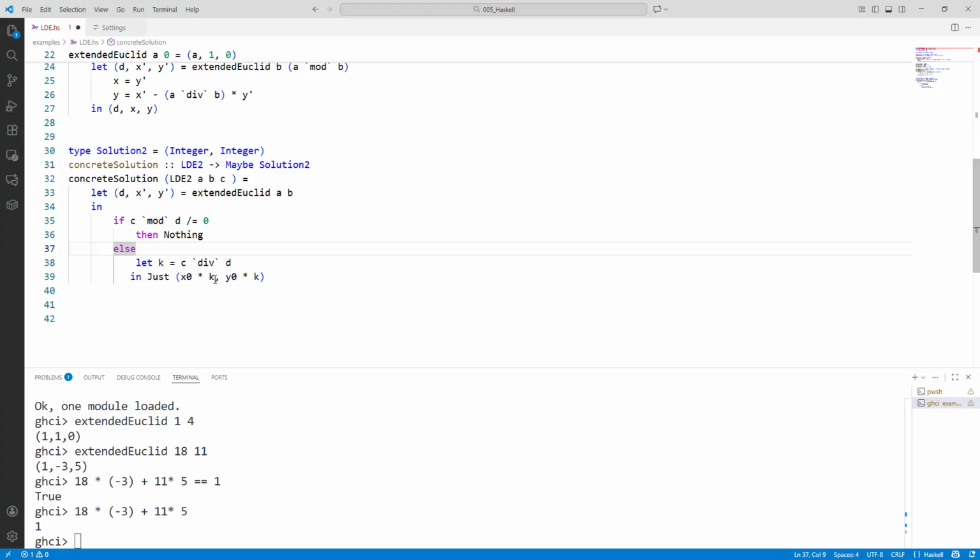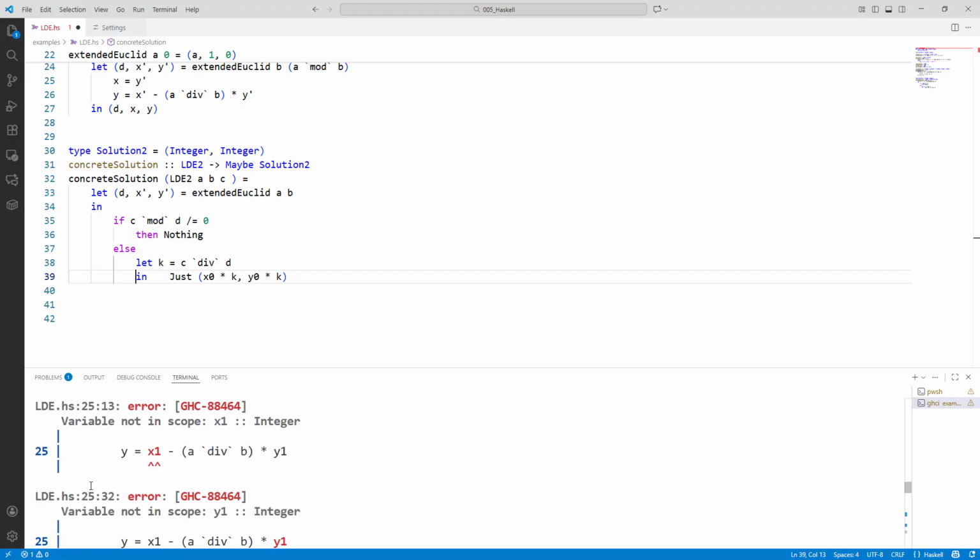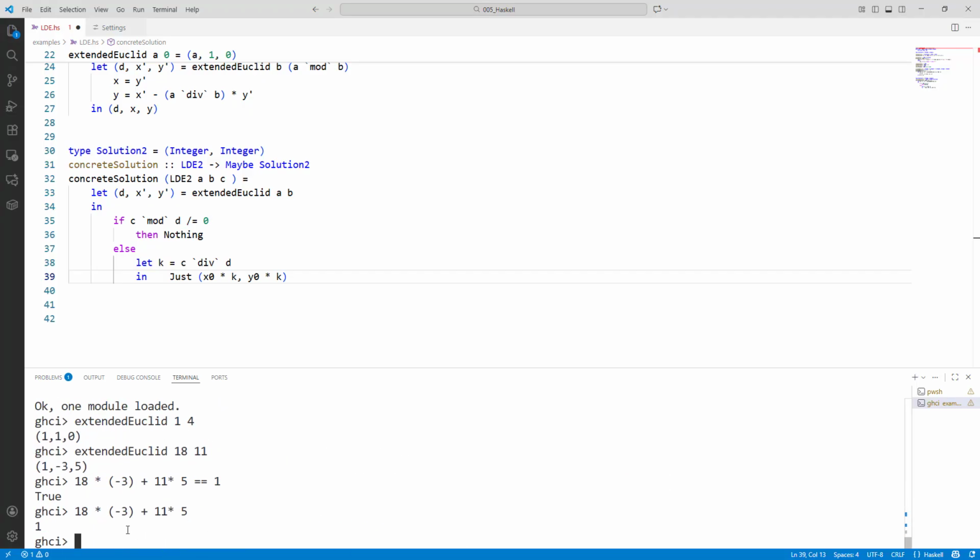Else let K equal C divided by D. And when I say divided, you know what I mean: the thing I showed somewhere, pretty much 7 div 5, answering how much is the whole division. So how much do we have? 5 divided by 7, 0. So 7 is contained in 5 0 times, and 5 is contained in 7 1 time.